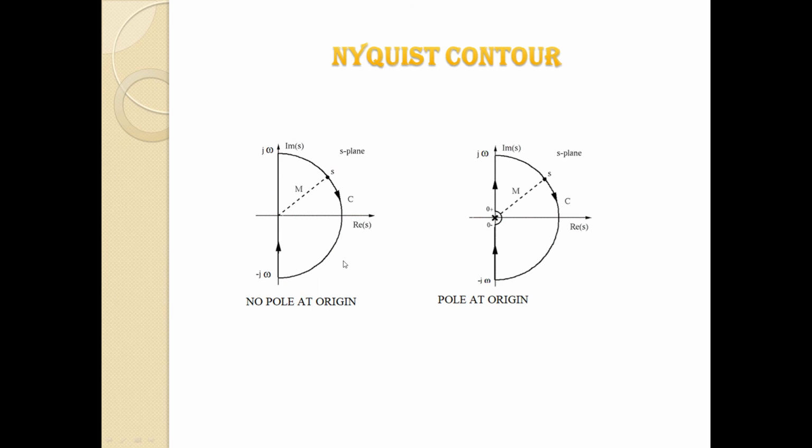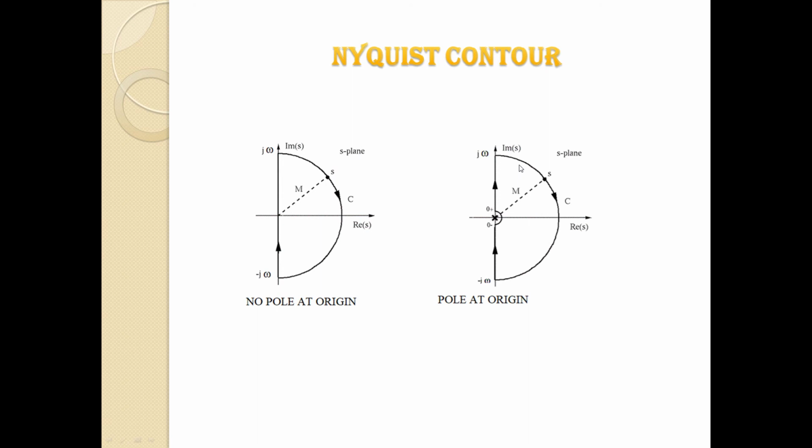In that case, we need to consider this type of Nyquist contour. Here the difference is that we are considering a small semicircular arc which does not contain the origin. So here section 1 has omega varying from 0 plus to infinity, whereas section 2 remains the same as the previous contour.